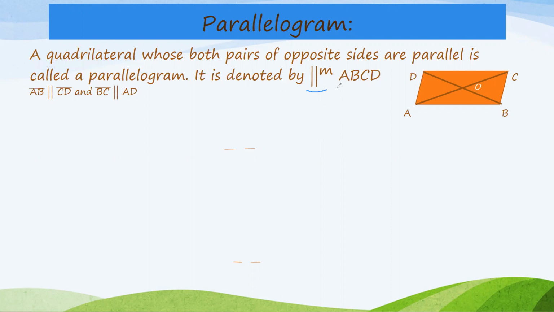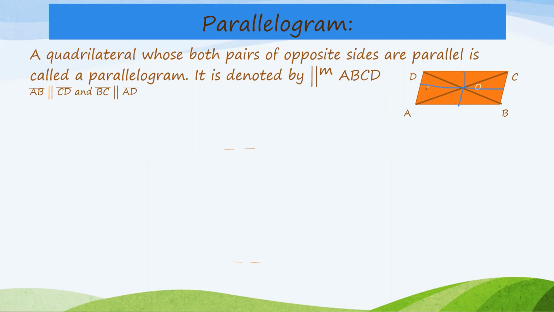ABCD, right? So here in this picture, you can see that a quadrilateral whose opposite sides are parallel. Here you can see that AB side and CD, these two sides are parallel, okay? And side BC and side AD, they are parallel to each other.